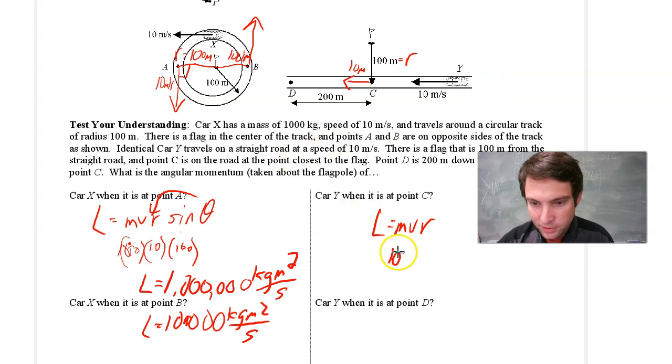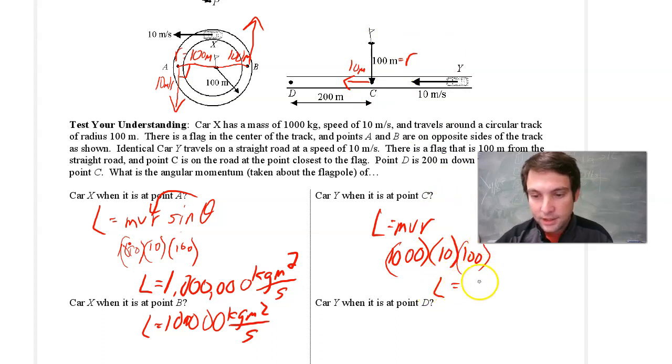Okay, so it's going to be 1,000 times V times R times sine theta. These two are perpendicular to each other, so that's going to be a 1. So we get L equals, you guessed it, 1 million kilograms times meters squared per second.